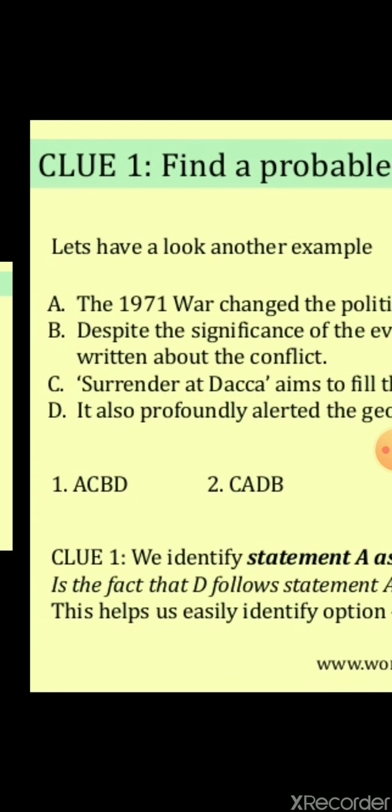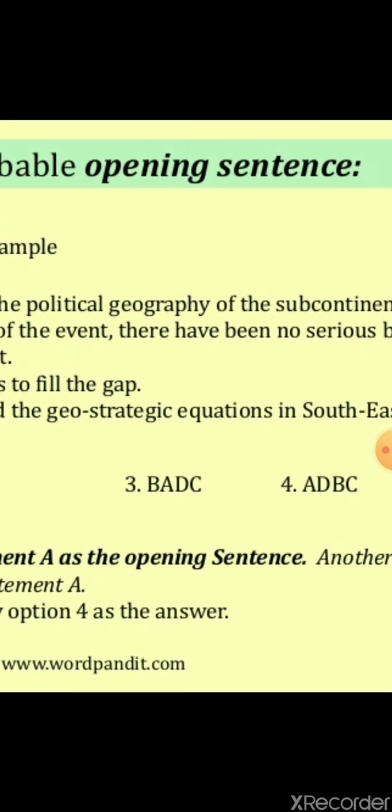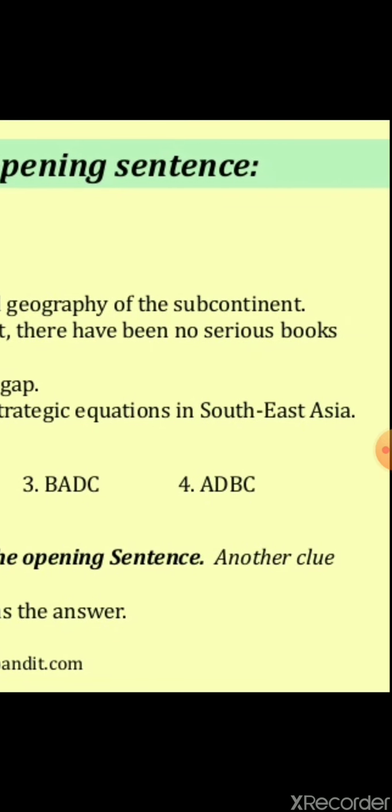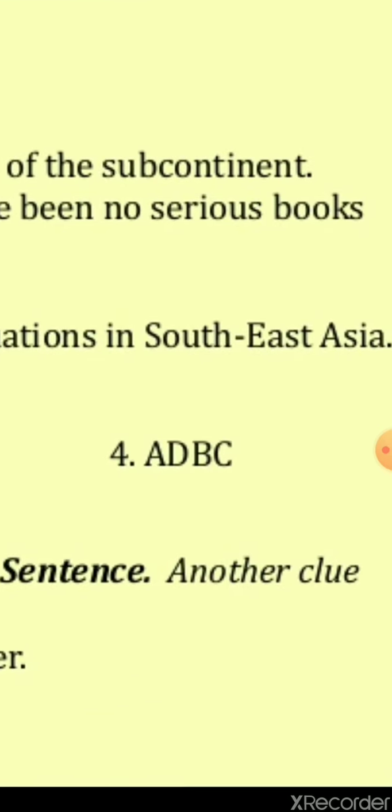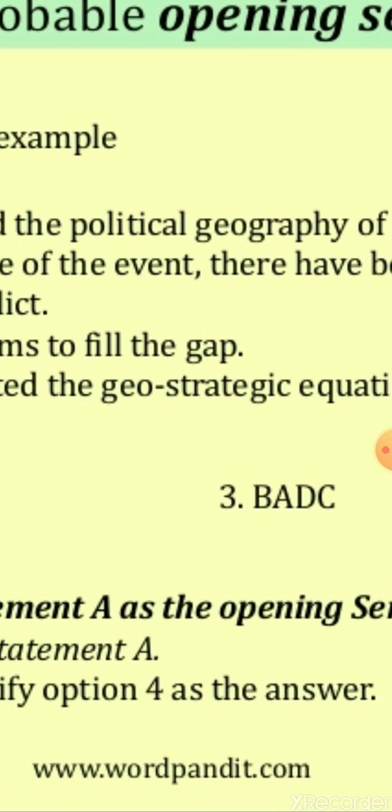Now, D: it also profoundly altered the geostrategic equations in Southeast Asia. So D is giving us the information in detail, something specifically happened after that event. So our right answer is option 4: A, D, B, C is the correct one.